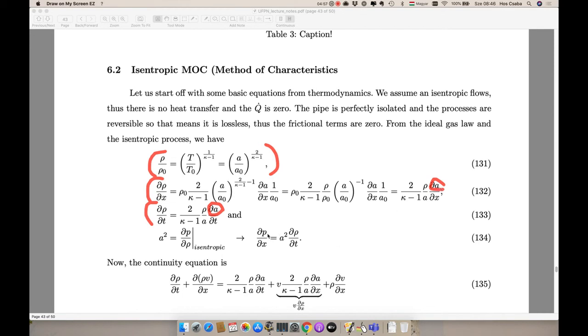Also, from the very definition of sonic velocity, you can replace the equation of motion with this equation. Actually, there is a typo here. The derivative is the same in both cases.